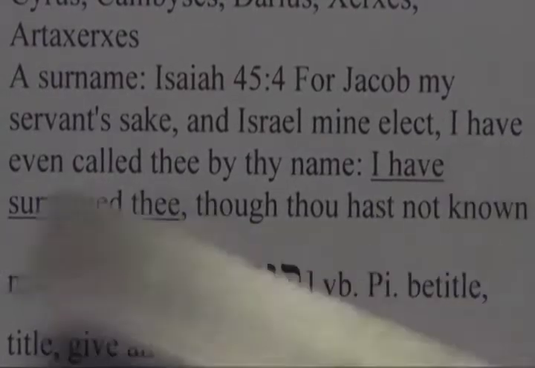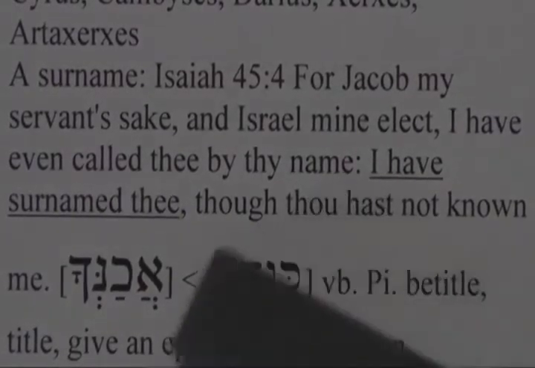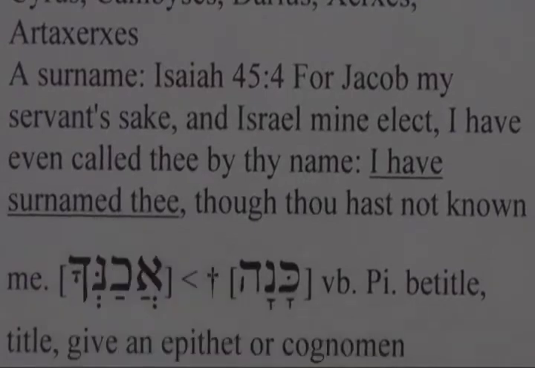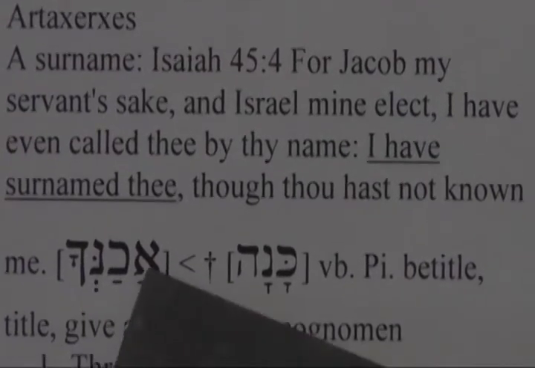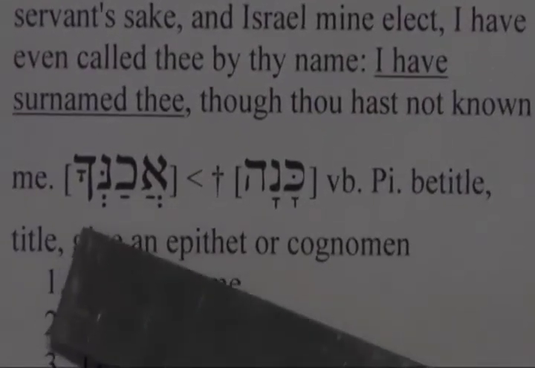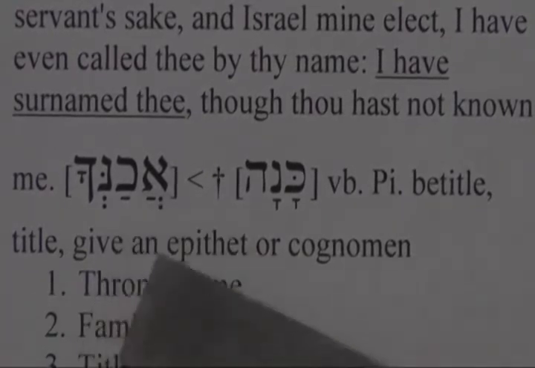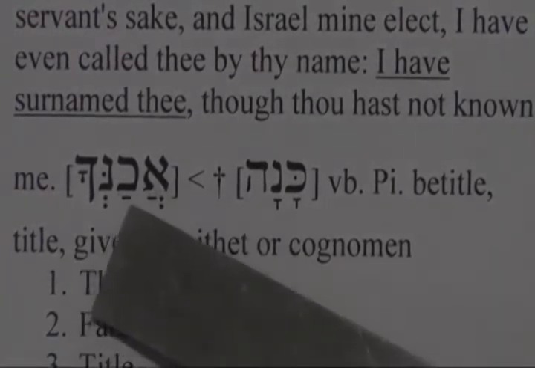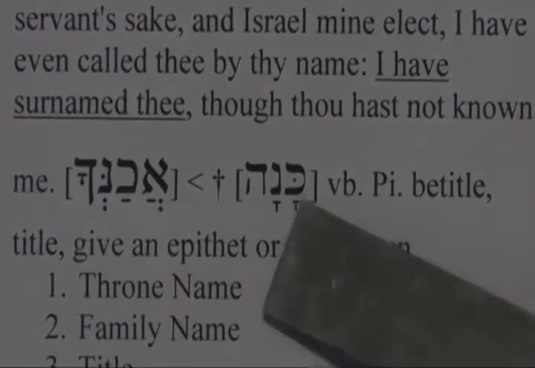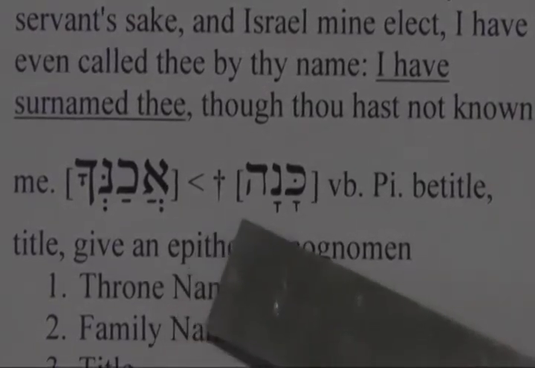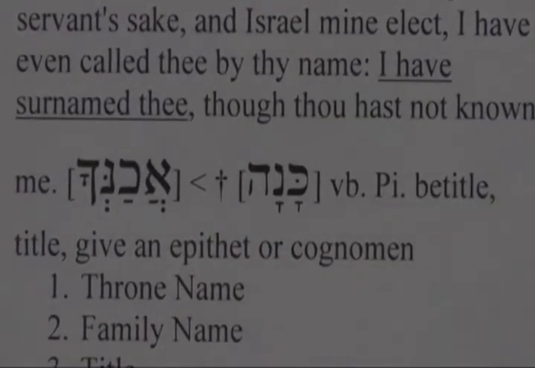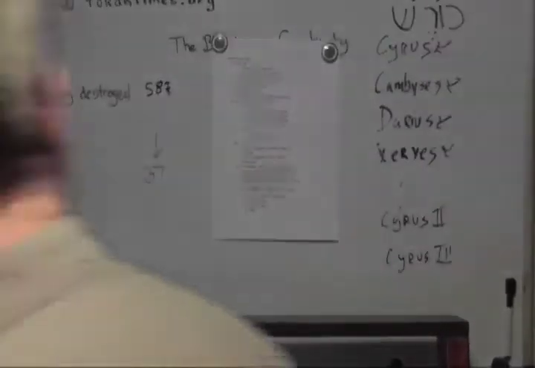This phrase, I have surnamed thee, is achanecha, which is just a conjugation of the verb kana. I'll put up the Brown, Driver, and Briggs lexicon for you here, and we'll see what that means.